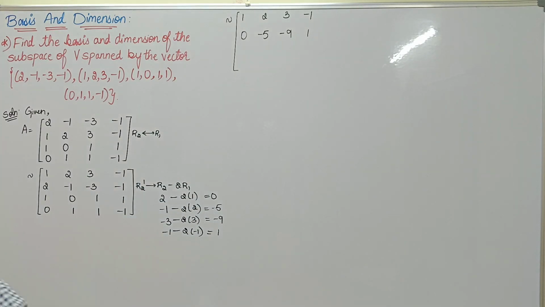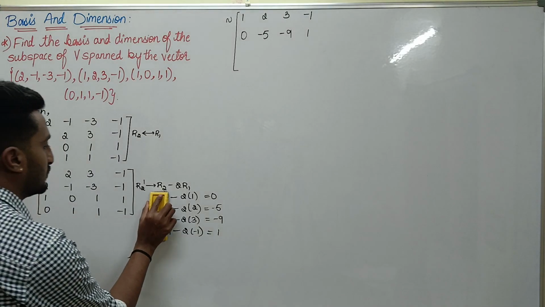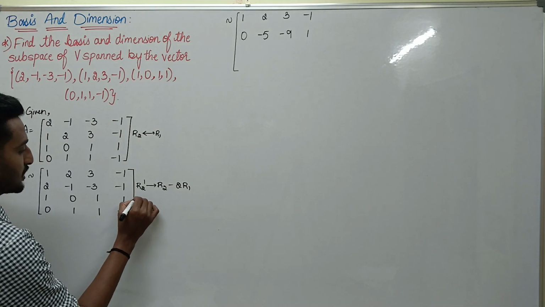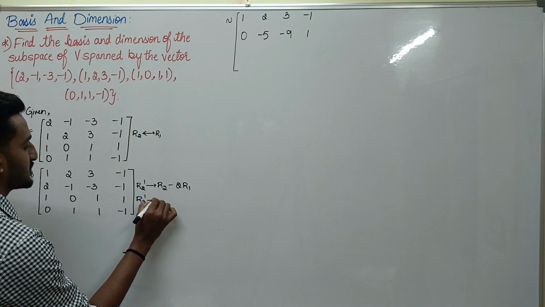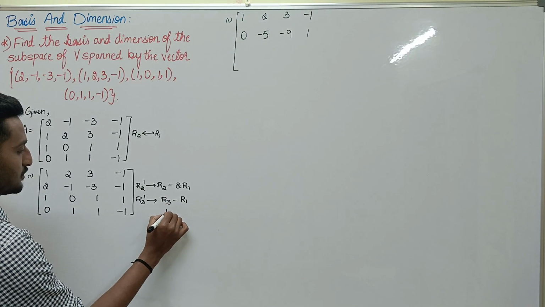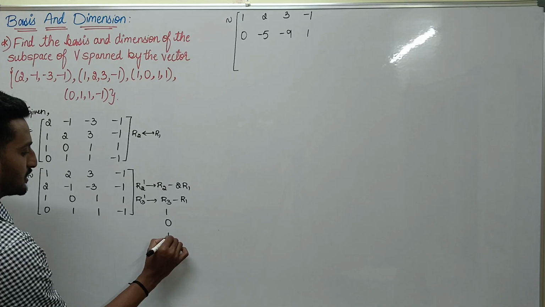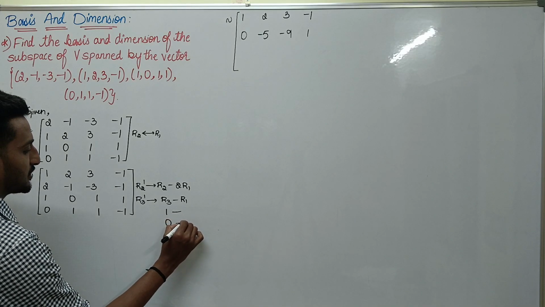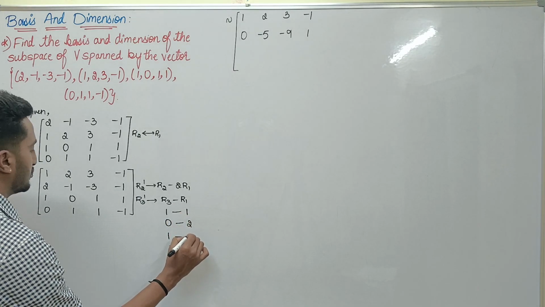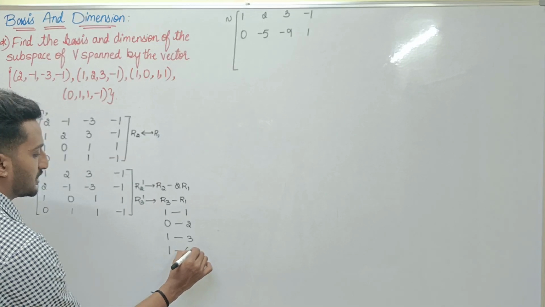Done with the second row. Now let us simplify the third row. That is, R3 dash changes to R3 minus R1. What is R3? 1, 0, 1, 1, minus R1, which is 1, 2, 3, minus 1.